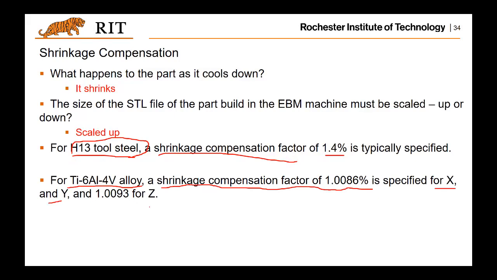For Y and Z, there are different numbers. For X and Y, it is this one, and for Z, it is this one. Because this process is layer by layer, that gives you a different shrinkage ratio in the X, Y directions as well as Z. So that's why there are different numbers. That is what you want to keep in mind when you have a design task for the EBM process.